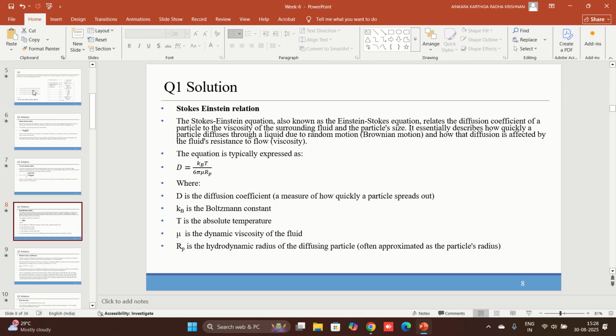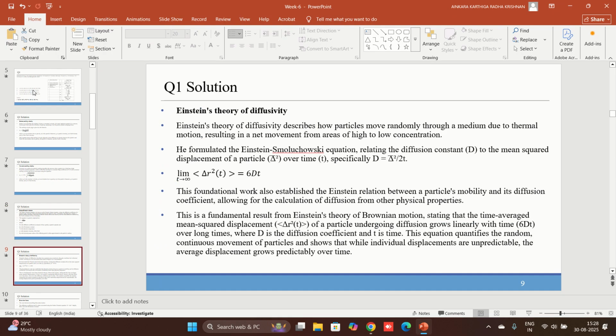Next is the Stokes-Einstein relation, wherein we have seen how the diffusion constant varies as a function of particle radius and viscous resistance to flow. And Einstein's theory of diffusivity, how a particle moves randomly through a medium due to its thermal motion, resulting in motion from higher to lower concentrations.